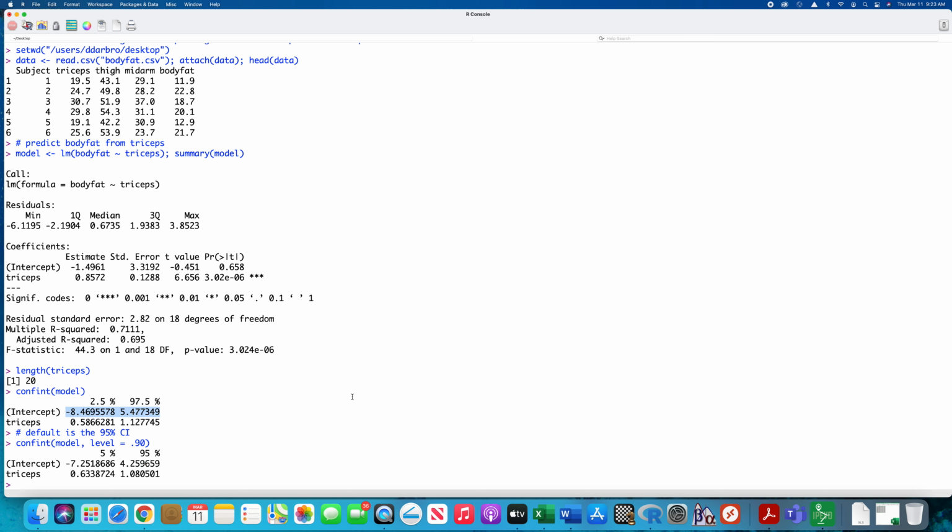Well, it's a give and take, right? The more confidence you have that your interval contains the population intercept or slope or any measurement, the wider it's going to be. For example, I don't know the ages of any of you in this class, but I am 100% confident that the average age of all 26 of you, or 28, whatever it is now, is somewhere between 0 and 100. Right? You say, yeah, Dr. Darbro, totally brilliant.